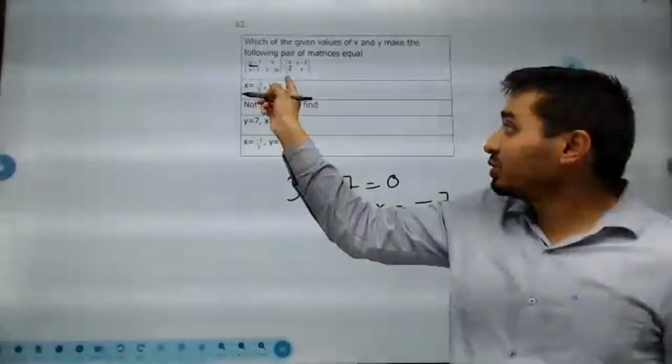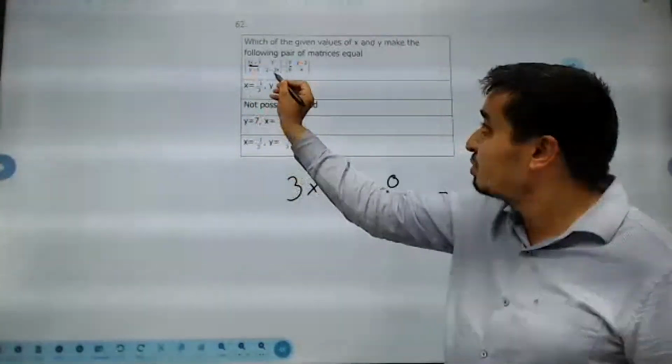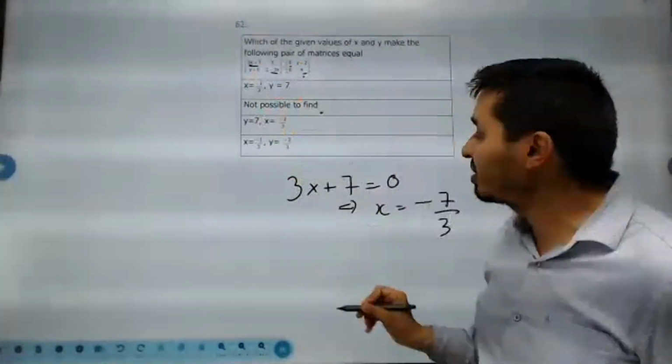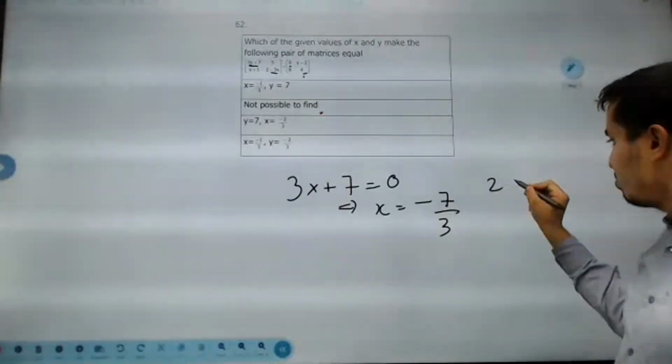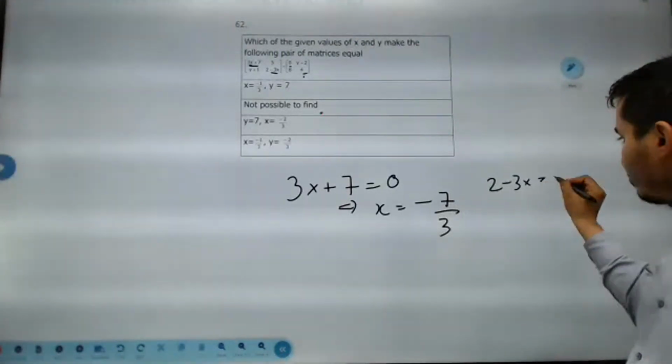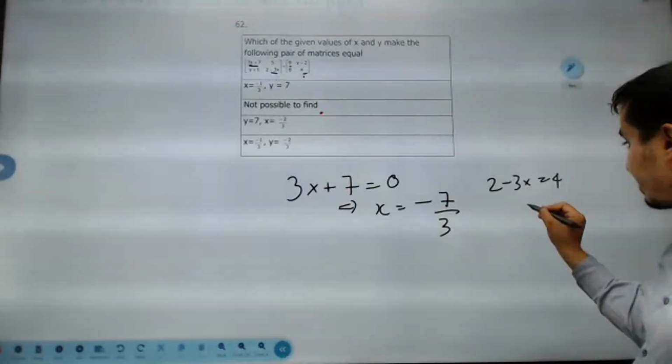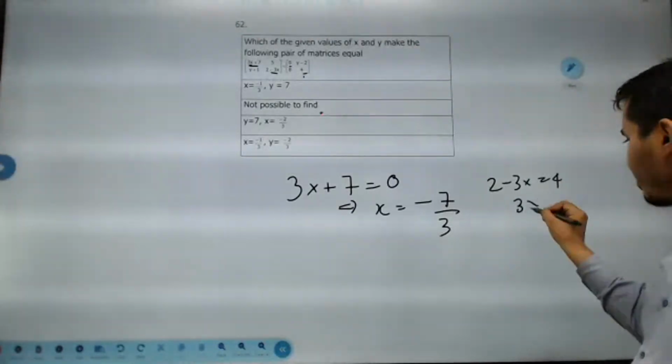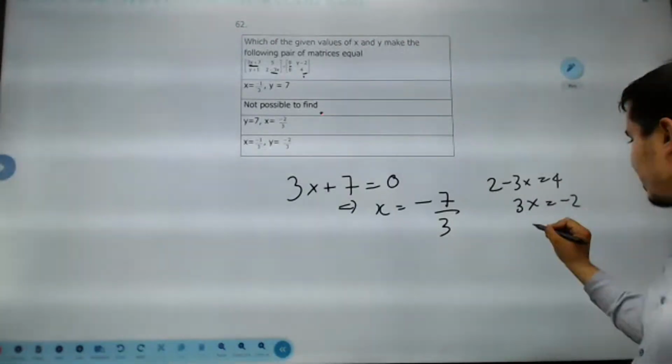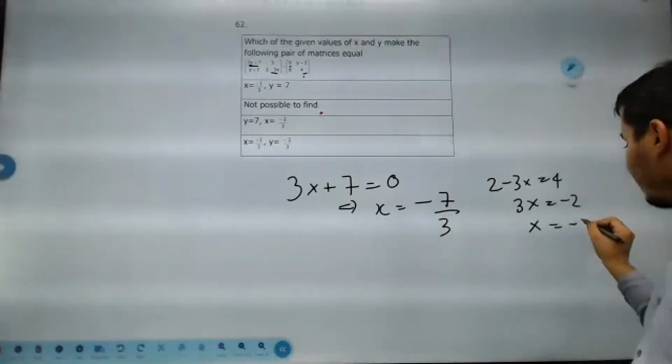But this should also satisfy for the other values. Now if you equate 2 minus 3x to 4 here, right? So 2 minus 3x equals 4. That would give us 3x is -2, and so x is -2 by 3.